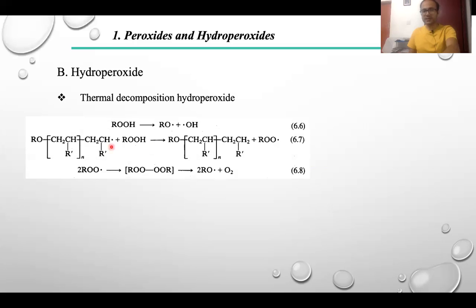So while the polymer chain is growing, abruptly this radical reacts with the hydroperoxide, and thereby terminates the increasing chain. So once this is formed, it just quickly decomposes to give you this kind of a radical, but the chain has been terminated abruptly.